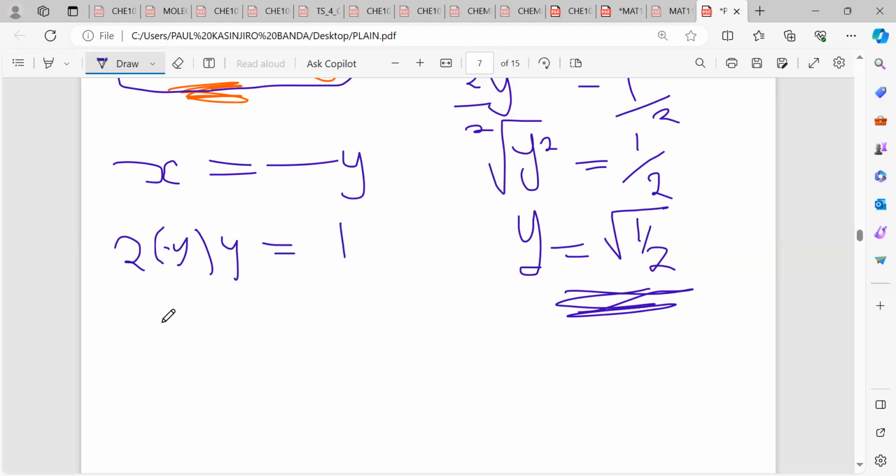So you can see here that you're going to get minus 2y squared here, which will be equal to 1. Then when you divide, you get y squared is equal to minus 1 over 2. So from here, you can see that you can't find the square root of this guy here. Why? Because it's negative.